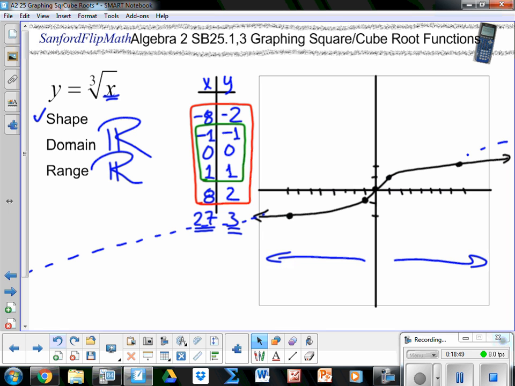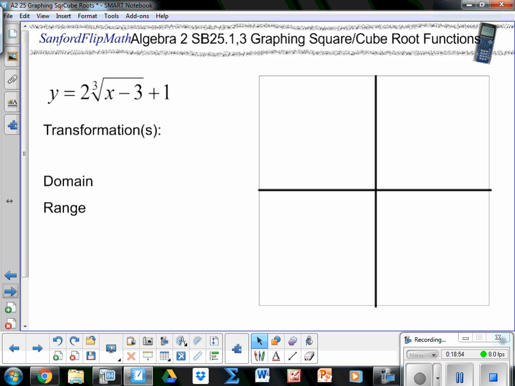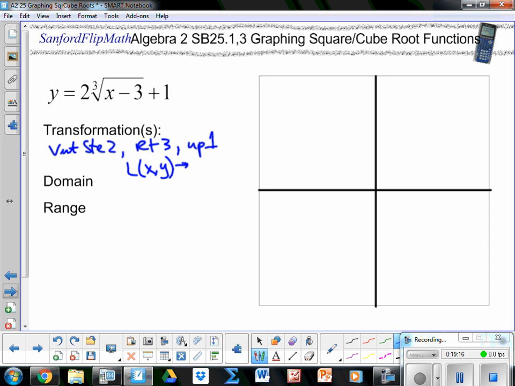Okay, so time is getting away from us, but here's the deal. Everything that you learned about transformations still applies. These are the same transformations that we just did with the square root. So there's a vertical stretch of 2, and it shifts right 3 and up 1. Now, to my fans of notation, you are certainly still welcome to use the mapping notation when it's a combination of things and say x plus 3, 2y plus 1.